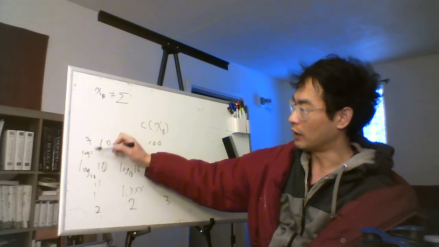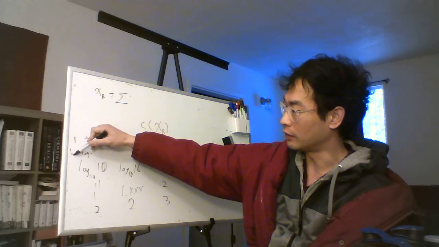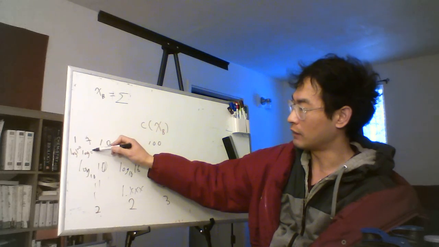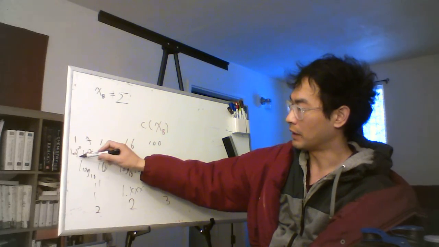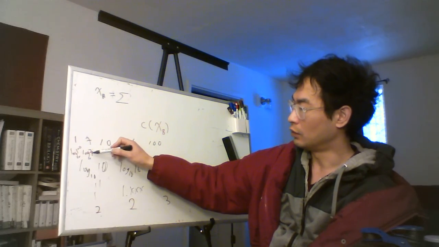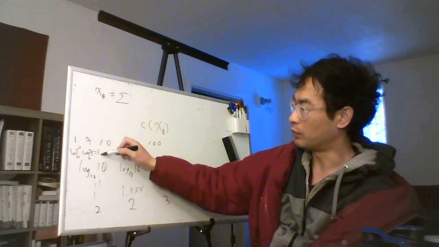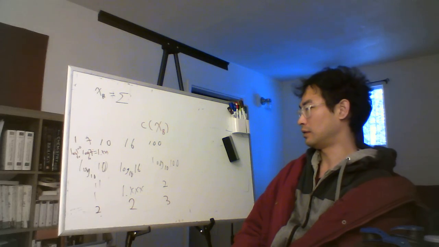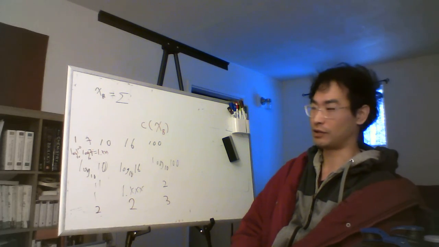Log 1 is 0, and log base 10 of 7 is 0 point something, just to complete the picture.